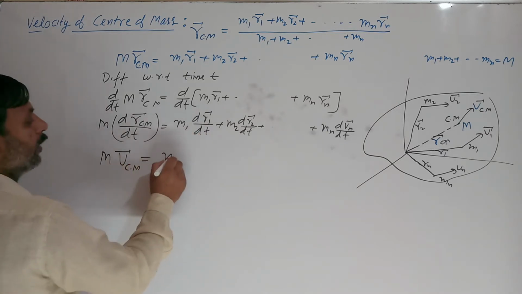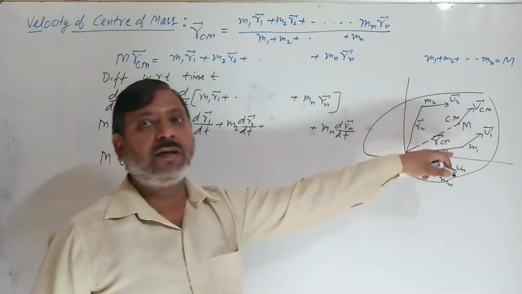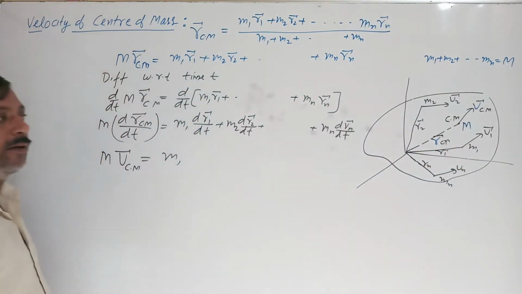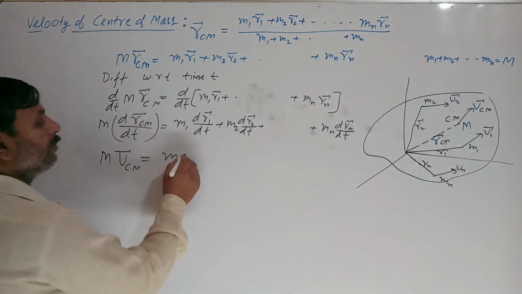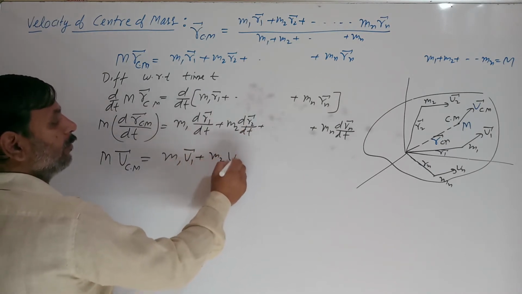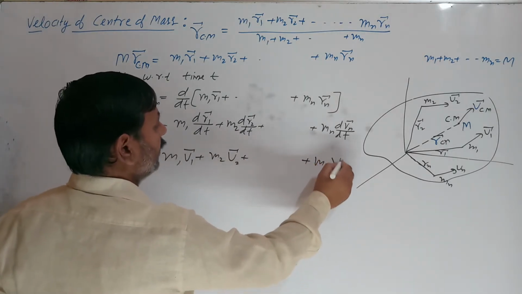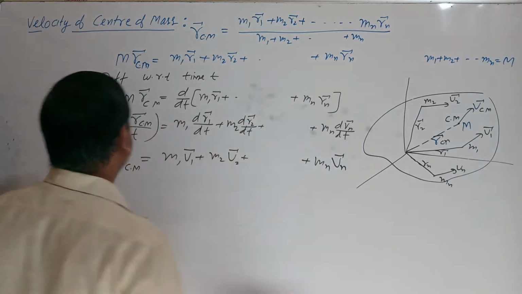So M vcm is equal to m1 times dr1 upon dt, the velocity of mass m1. Same way this is the velocity of mass m2, and this is the velocity of mass mn.